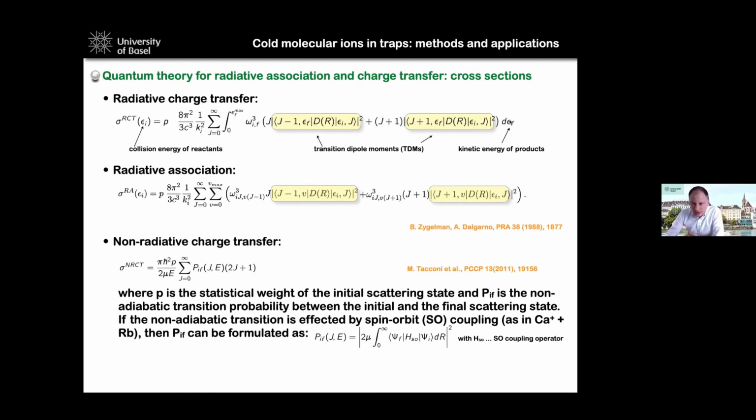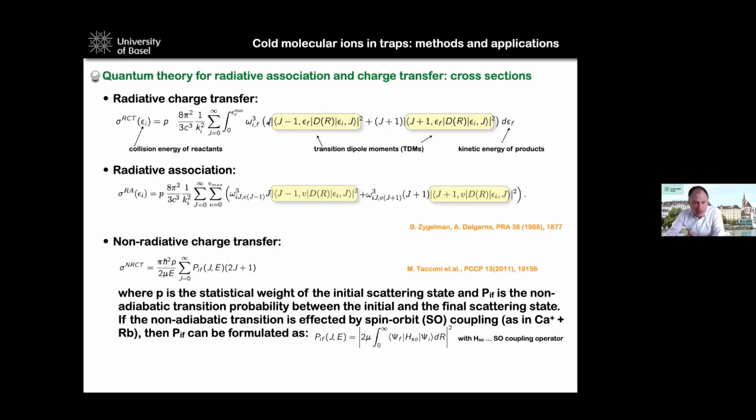Then for radiative charge transfer, we have an integral over all final energies of the charge transfer product. Then we have an omega to the power 3 term, right? This is a bit reminiscent of what you have in the Einstein A coefficient. So there is an omega cubed dependence, and omega is the angular frequency of the photon that's emitted.